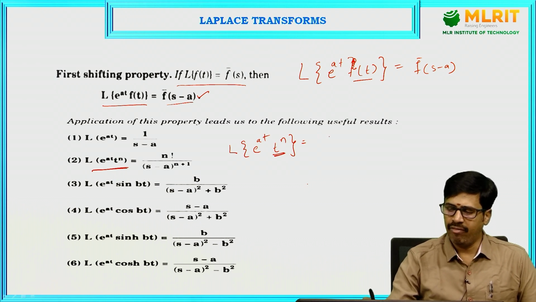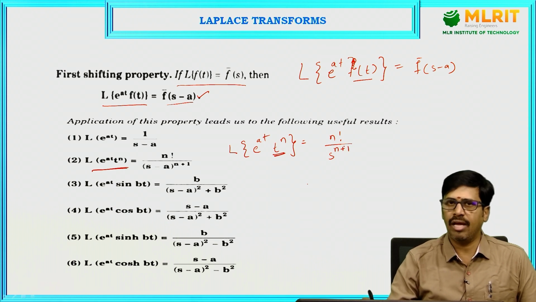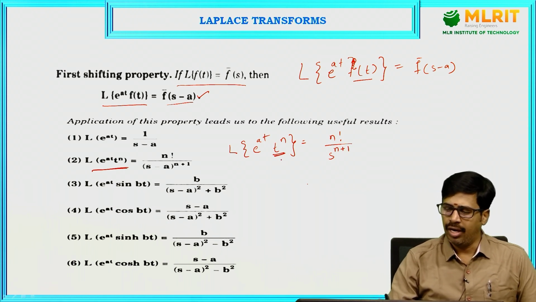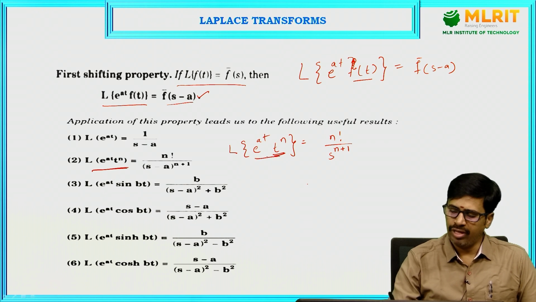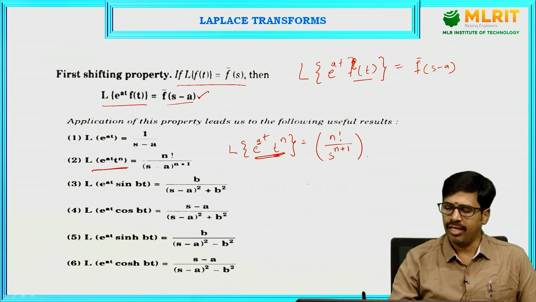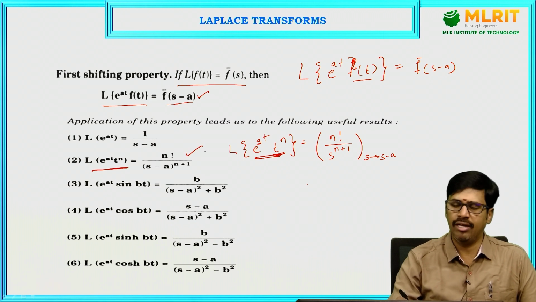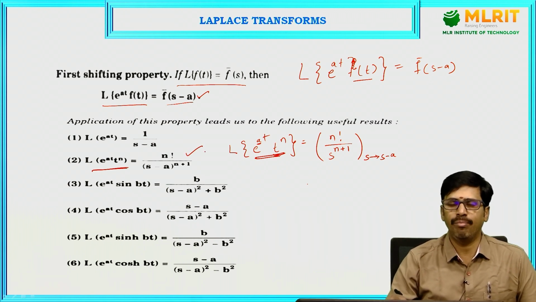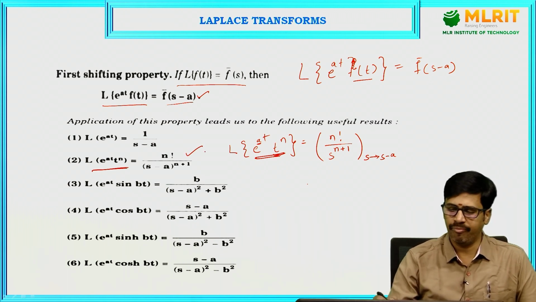That is n factorial by s^(n+1). Now I want Laplace of e^(at) into f(t). So when we apply the first shifting theorem, here we have e^(at), so replace s with s minus a. So we get n factorial by (s minus a) whole power n plus 1.